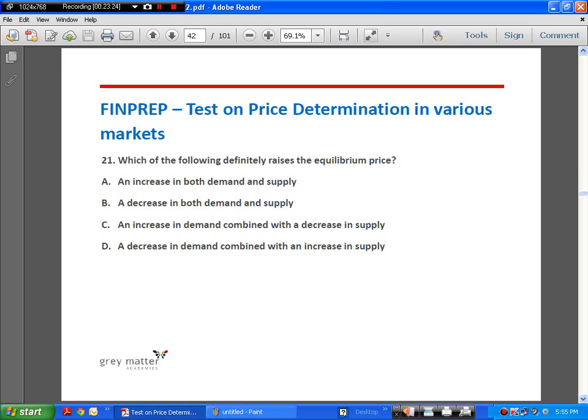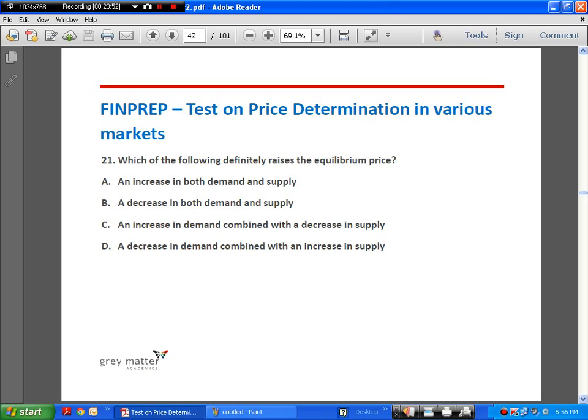21st question, which of the following definitely raises the equilibrium price? An increase in both demand and supply, a decrease in both demand and supply, an increase in demand combined with a decrease in supply, a decrease in demand combined with an increase in supply.